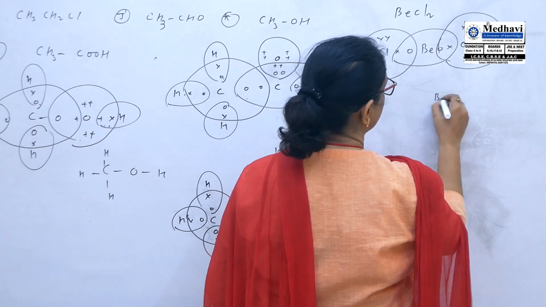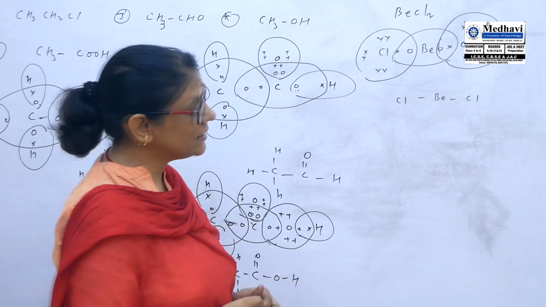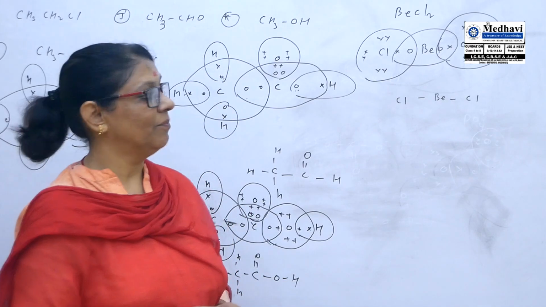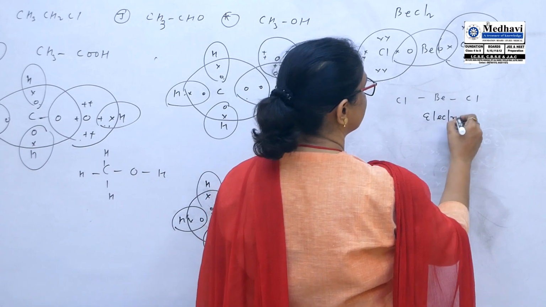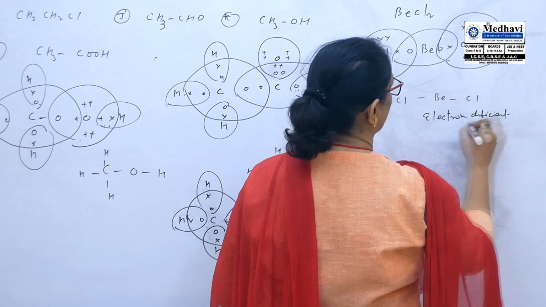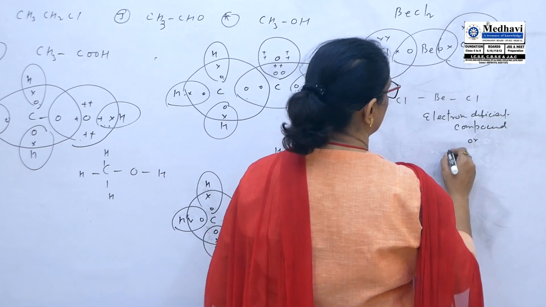So here beryllium has only Cl, 2 bond formation takes place. Such type of compounds are called electron deficient compounds. Or there is another very popular word, Lewis acid.